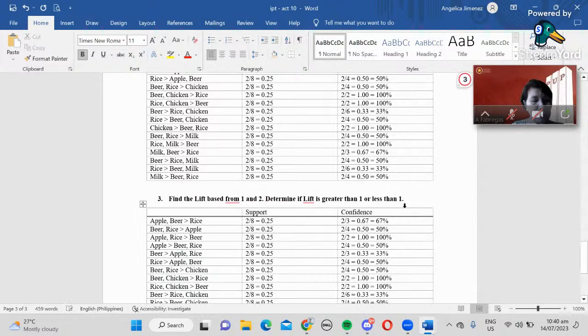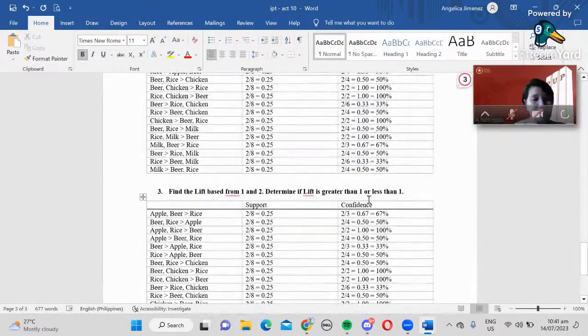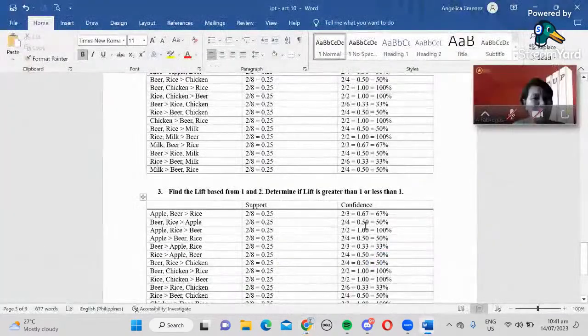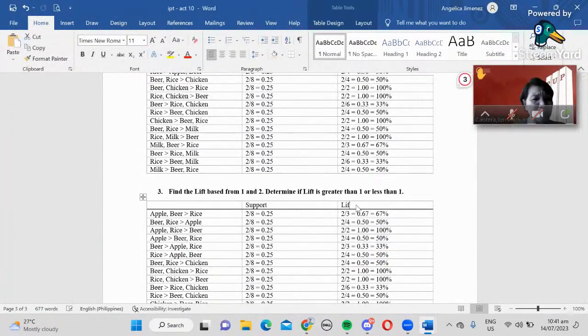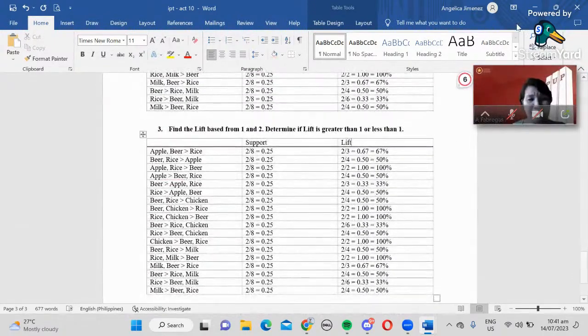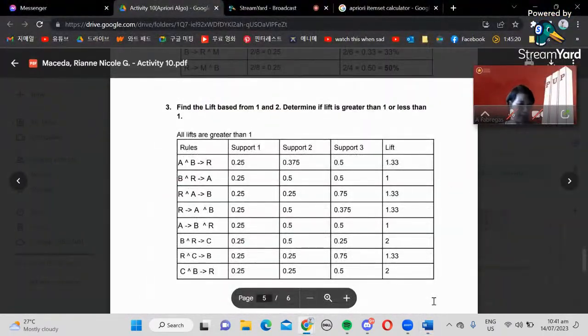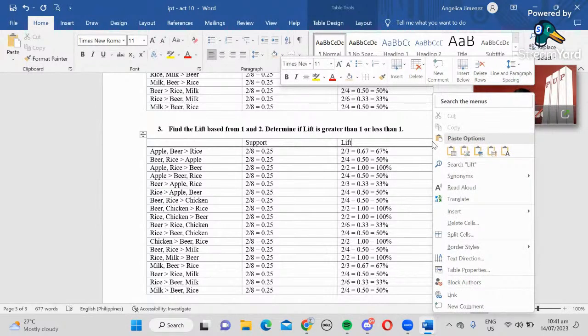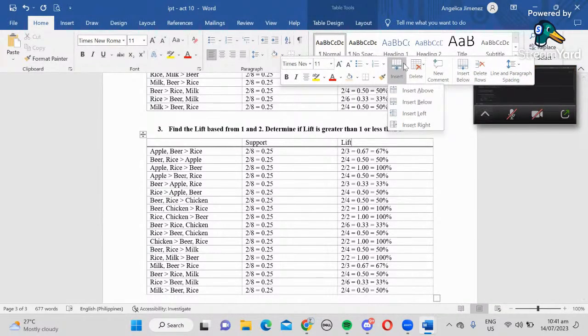Meron din akong sample program to be shared pero later on ko na ibibigay. Sandali lang po. Nagagalit na yung pusa namin. Kita na po yung screen mo.